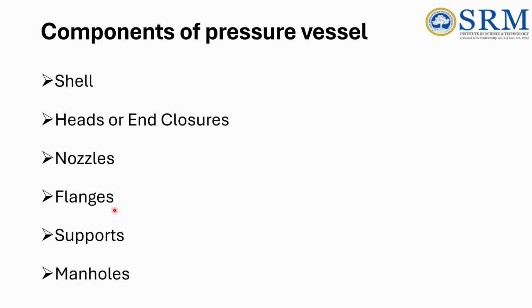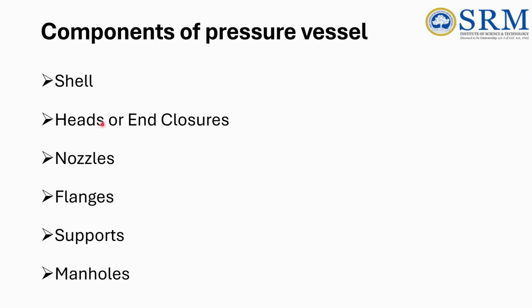So when we are connecting a pipe or any attachment or any hole in the pressure vessel by using a flange, we can ensure a leak-proof mechanical joint between the components. Some of the flanges are weld neck flange, slip-on flange, blind flange, lap joint flange, and socket weld flange. It is easy for removal and maintenance and also for inspection purposes.